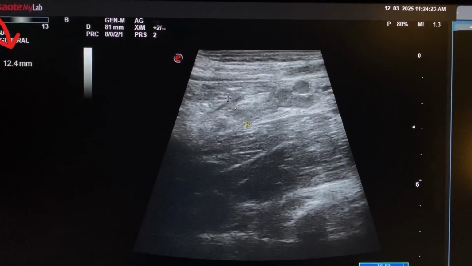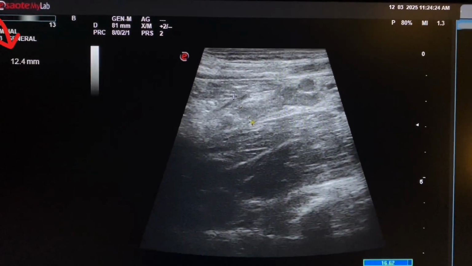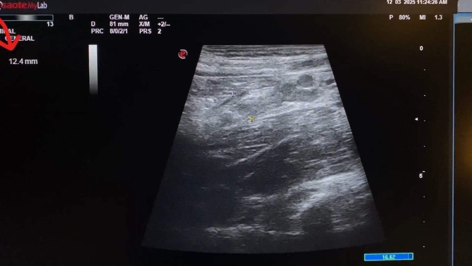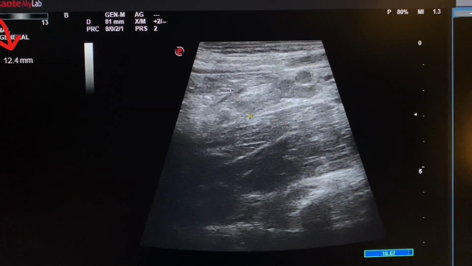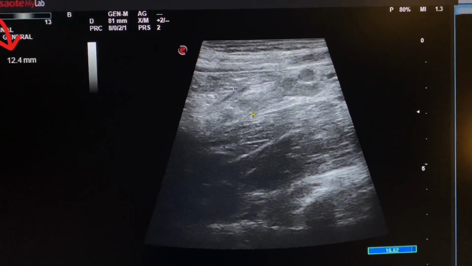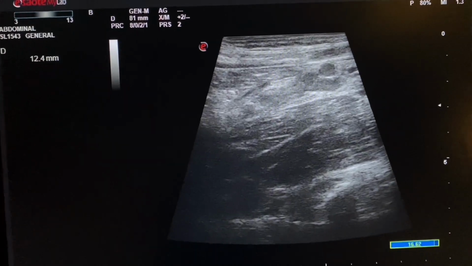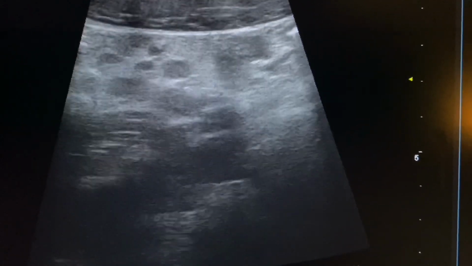The anterior posterior diameter of appendix is 12.4 millimeters. It means the appendix is inflamed and thickened. The normal diameter of appendix is up to 6 millimeters.